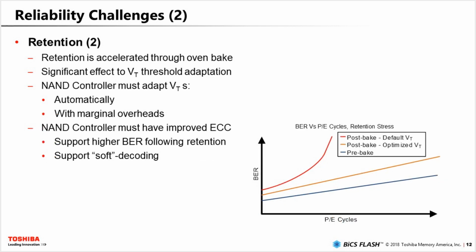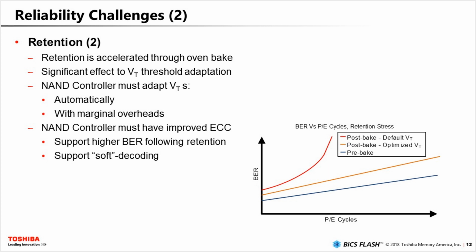If you look at a chart of the bit error rate as a function of the PE cycles prior to retention, you see the bit error rate increasing quite moderately with the PE cycles. If we look at the chart of the PE cycles after retention, if we have not modified the VT thresholds, you see it drastically increase, meaning that you can actually not use it without some significant operation on controlling the NAND. So the NAND controller must adapt the VT threshold in order to allow the bit error rates to not drastically increase.